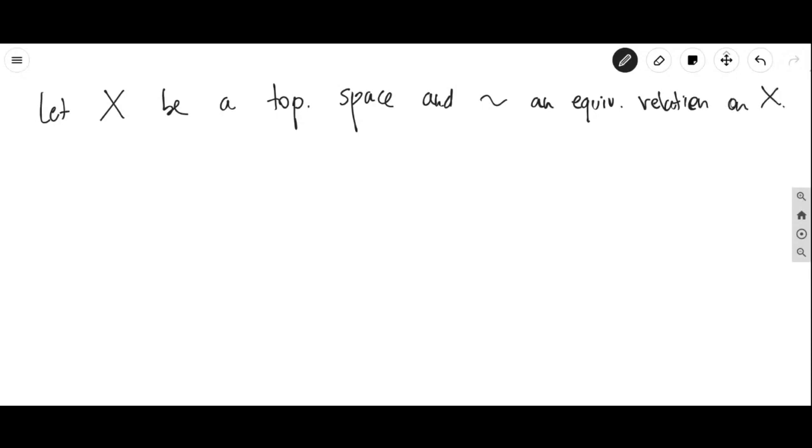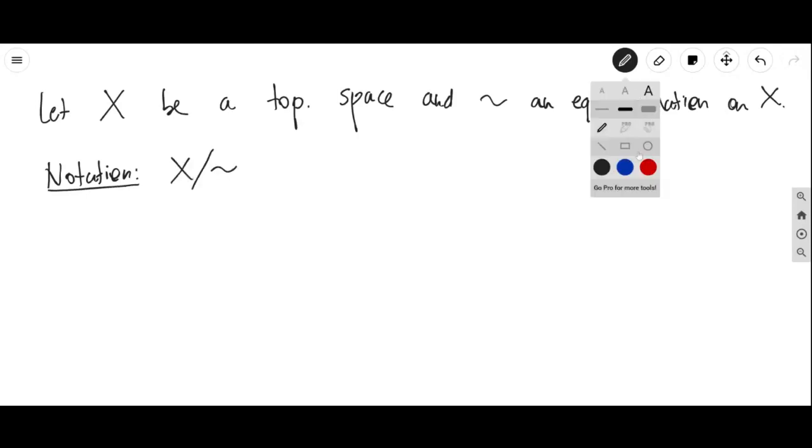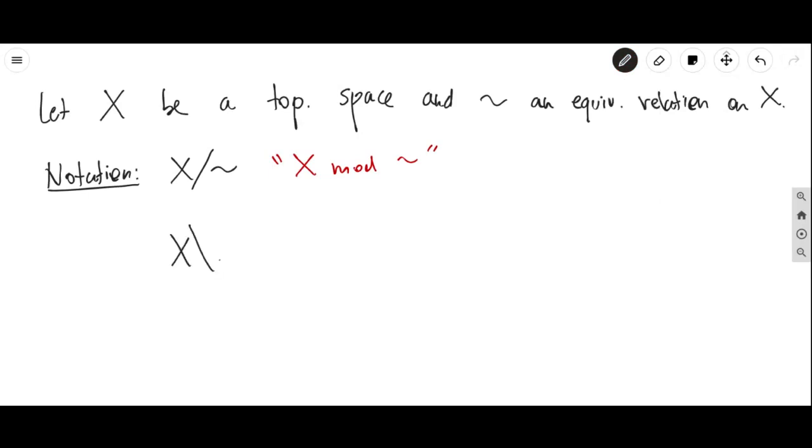on X. Okay, so the notation that we use is X mod tilde. You read this as X mod tilde. This is different. So when we use complements, we write it like this.